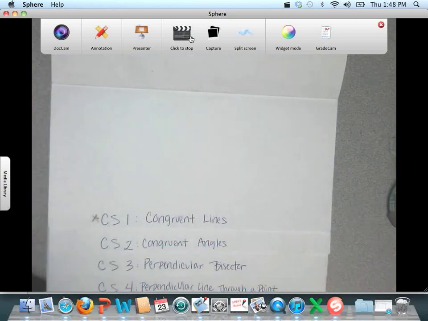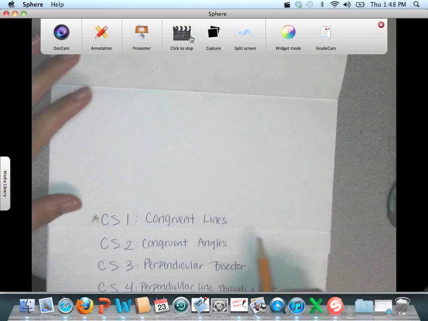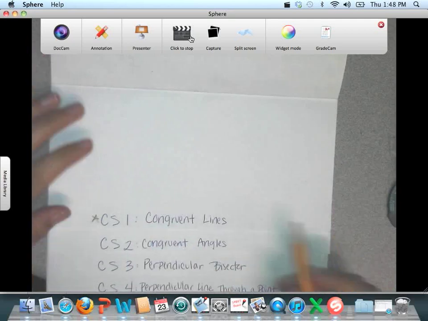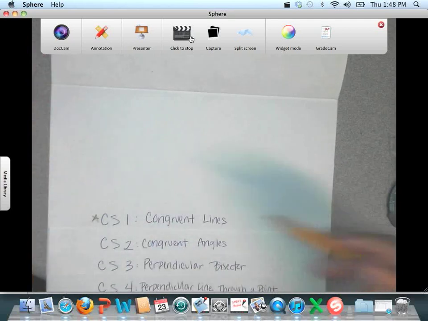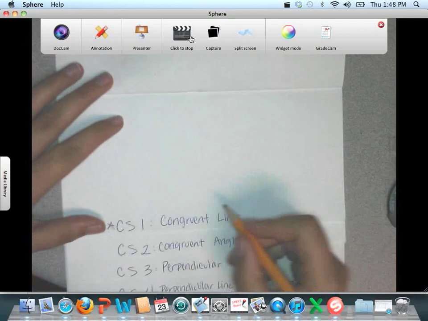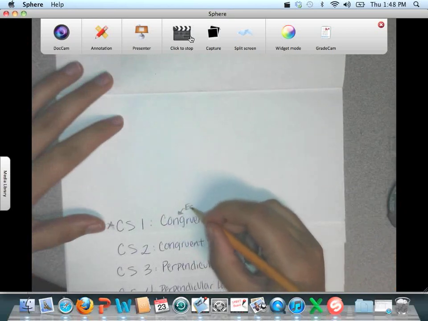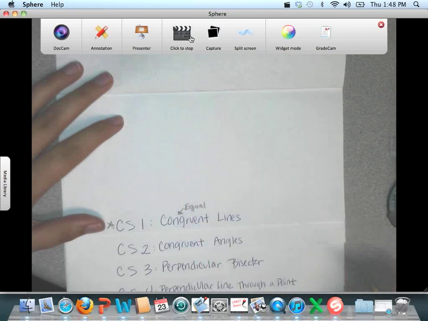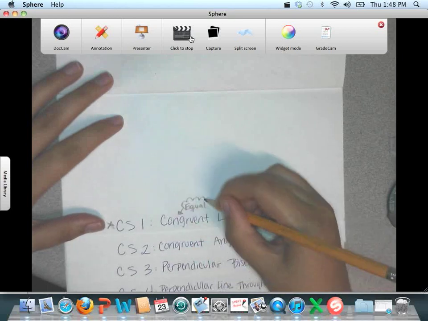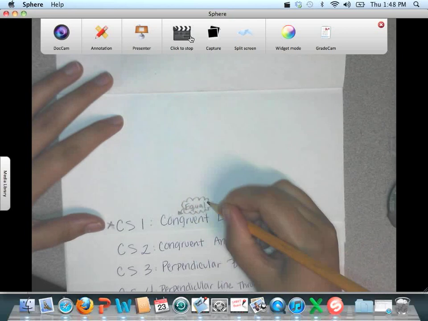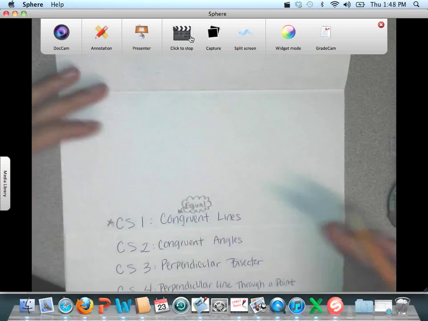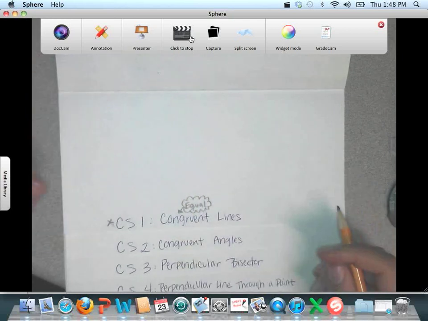All right, so the first part is you need to know what this means. Now lines, that's easy, right? That's a line. The word congruent means equal, okay? So it's essentially the geometry word for equal. We use congruent whenever you're talking about shapes. So you wouldn't say these two squares are equal, you would say they are congruent.